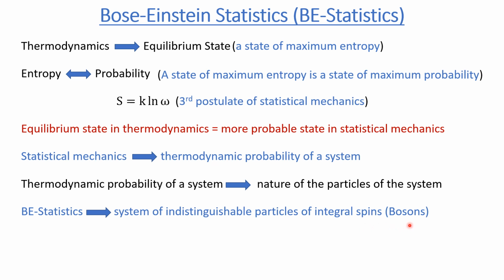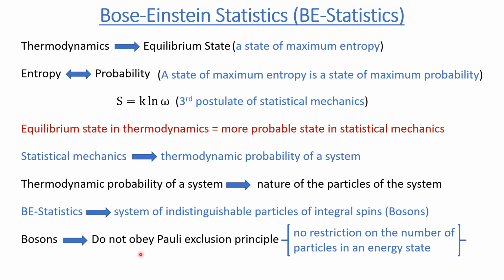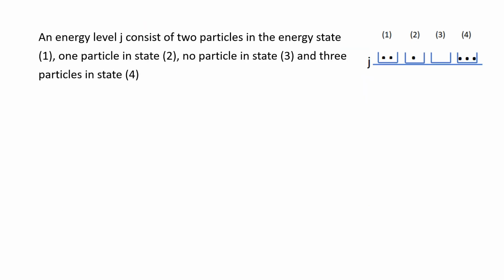Those particles are known as bosons. So the boson is a family of particles which do not obey the Pauli exclusion principle. This means that there is no restriction on the number of particles occupying an energy state.